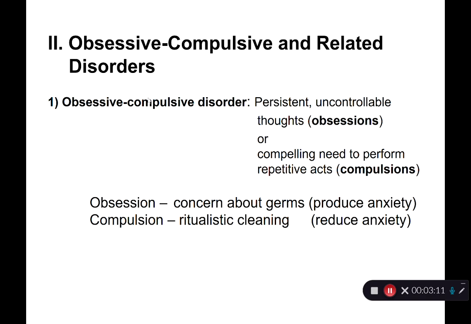So ritualistic cleaning reduces someone's anxiety about germs, but doesn't make it go away. It is kind of reinforcing, right? It reduces the anxiety. That's negative reinforcement. So the compulsions, these ritualistic behaviors, are fed because they do reduce the anxiety.